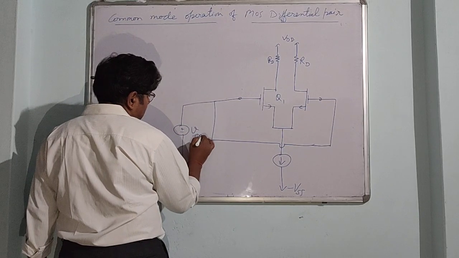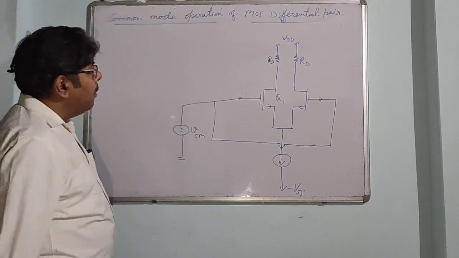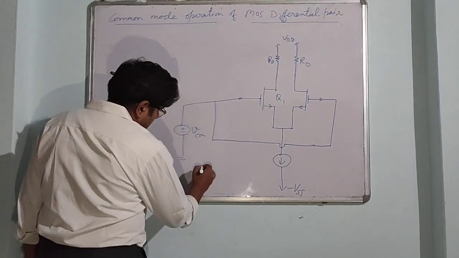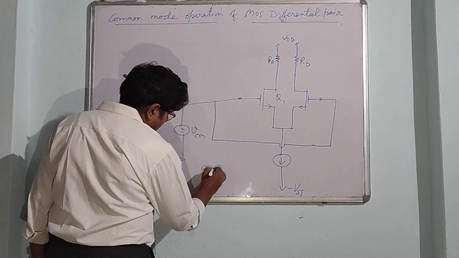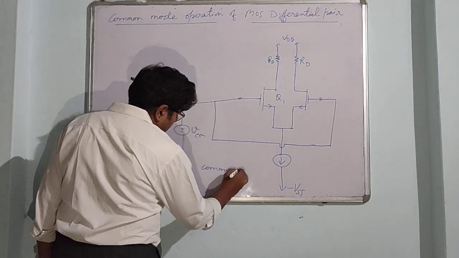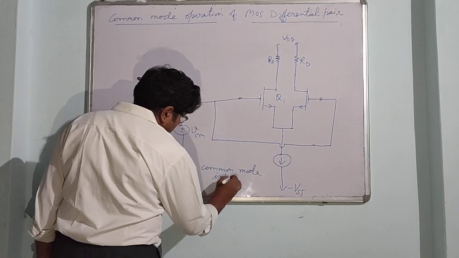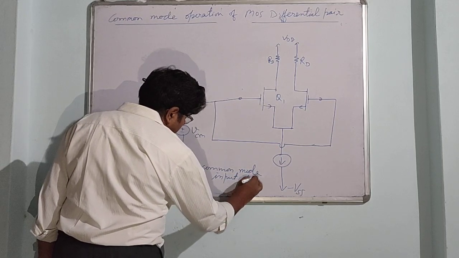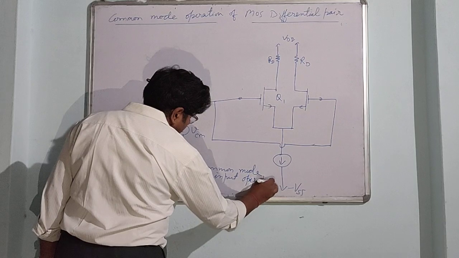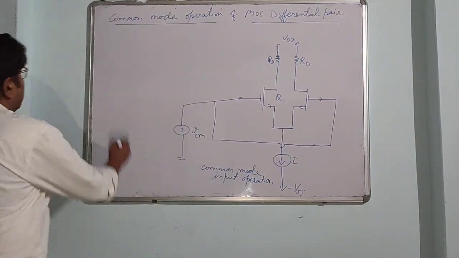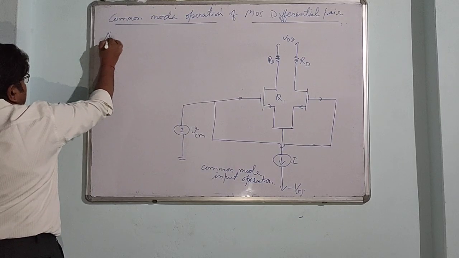This is the common mode signal, so this is the common mode input operation. This is the current. Now the analysis starts for this.